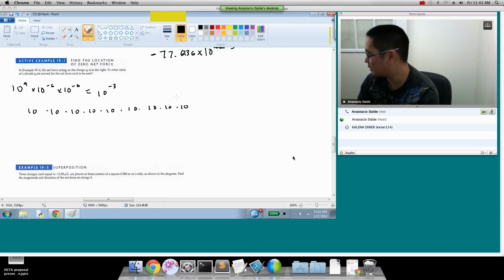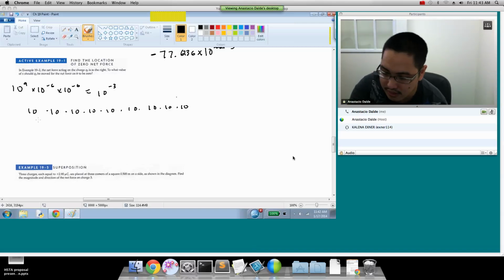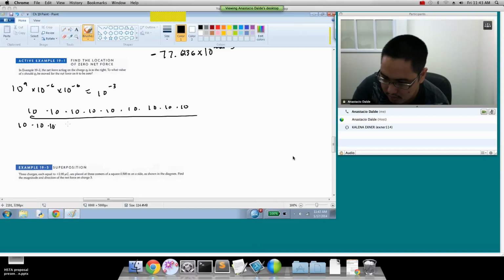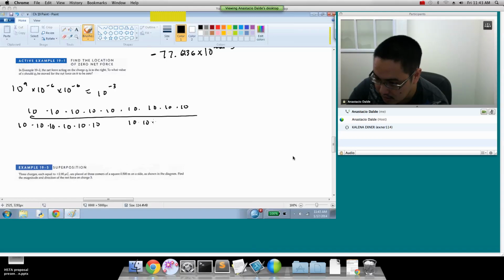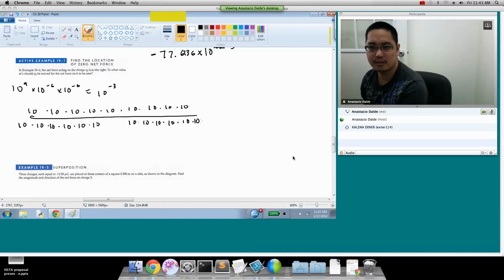10 to the negative 6 is actually in the denominator, so you can start canceling out tens. All right, so that's 1, 2, 3, 4, 5, 6. And then we have another 10 to the negative 6. 4, 5, 6.